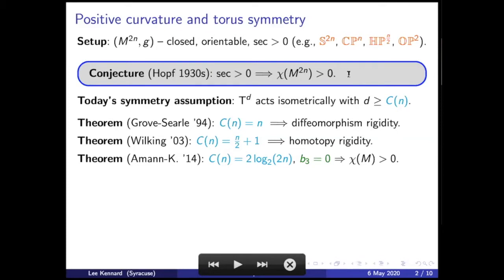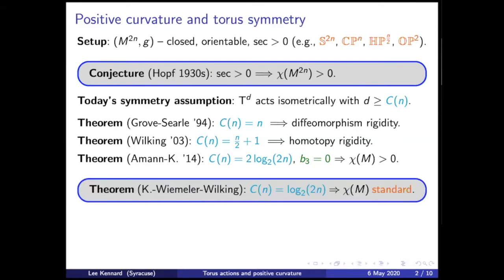But as of 2014, that was kind of the best evidence known for this conjecture in the presence of torus symmetry. So the first main result, this is with Wiemeler and Wilking, improves this result in 3 ways. First, the symmetry is cut down a little bit. The B3 assumption is just eliminated. And the estimate on the Euler characteristic is improved to a calculation.